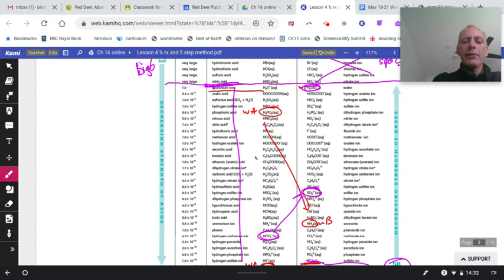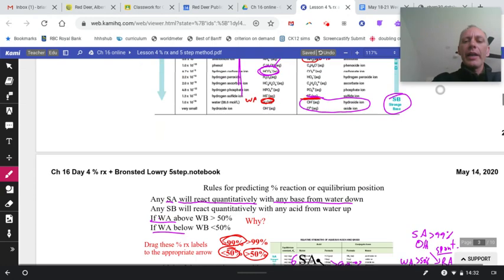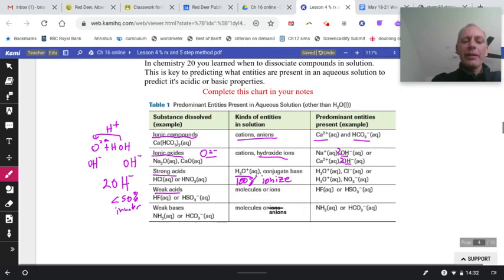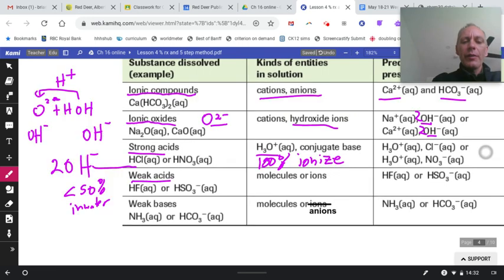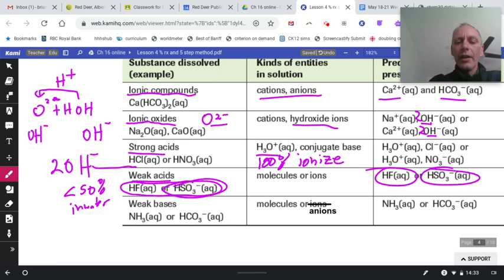Every single weak acid is below water. So all of them react less than 50%. So if they are reacting less than 50% in water, that means they stay together. HF stays as HF. HSO3 minus is HSO3 minus. So the majority of entities present are the original molecules.